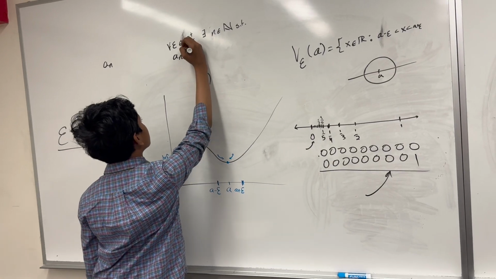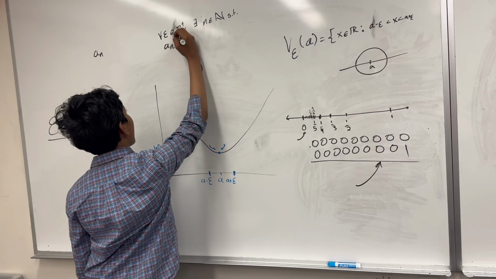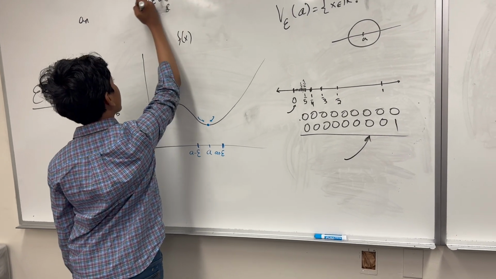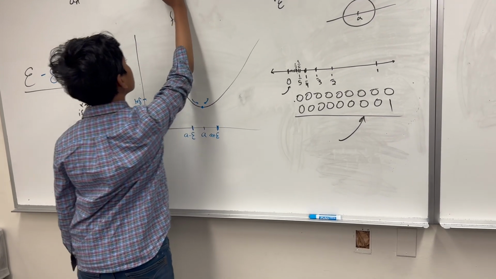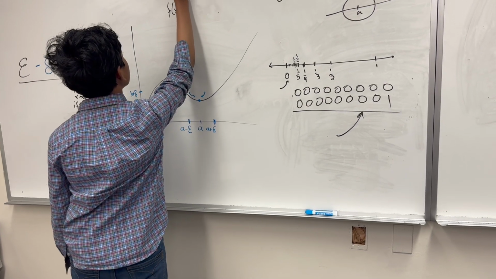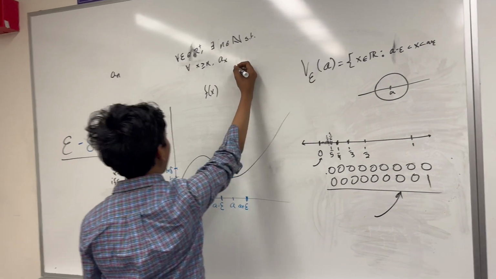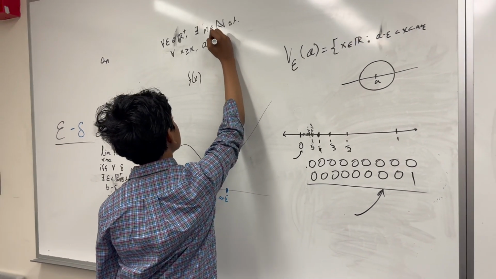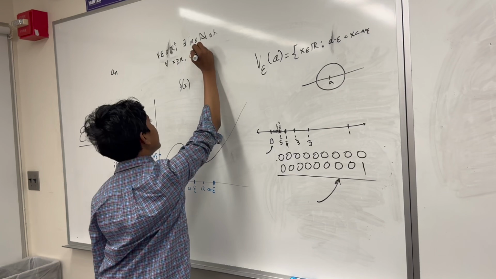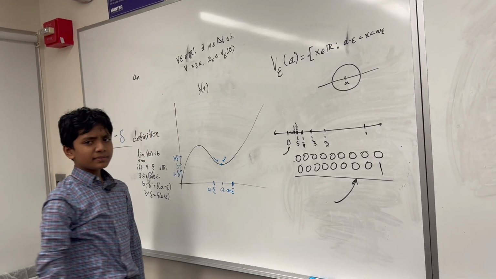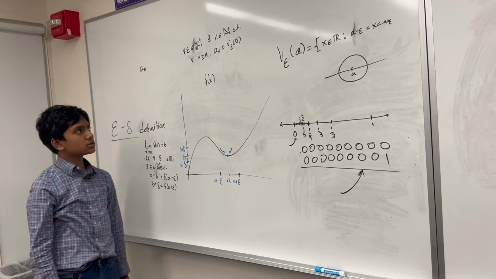So n in the natural numbers such that, okay, such that for all x greater than or equal to n, a_x is in this epsilon neighborhood of 0. Okay, let's put that in actual plain words.